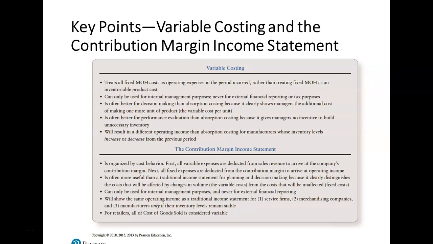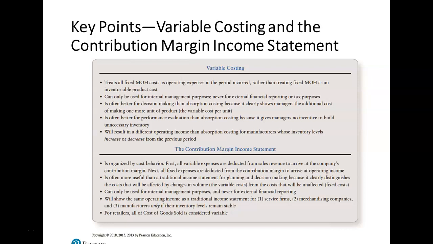But also, operating income is going to be very different when you're comparing absorption costing to variable costing. So understand that. In the end, cost behavior is very important because you're going to be considering variable costs. You're going to take your variable cost and subtract it from sales revenue to get your contribution margin.